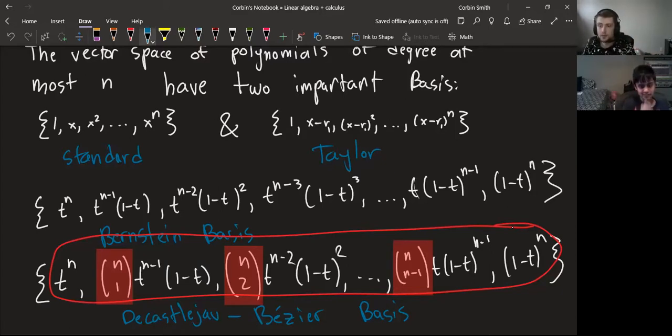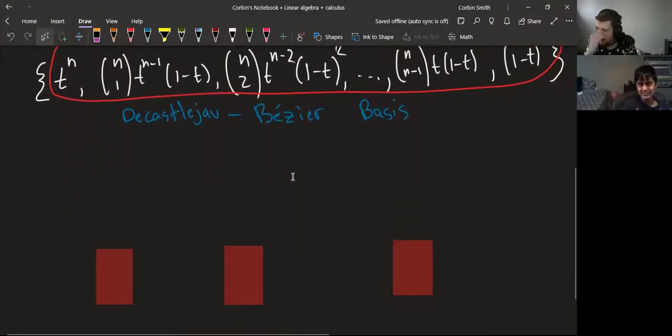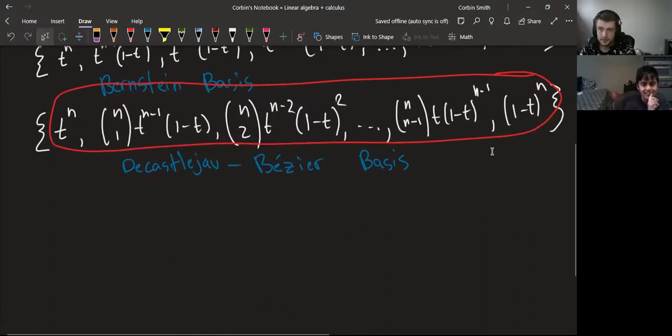These are all very important bases for calculus, right? But these are some good examples. So if t was 1, then it wouldn't work, since everything would just become 0. No, if t was 1, then this last term would be 1. But you're right that if t was 0, since 1 minus 0 is 1, then the first term would be 1.